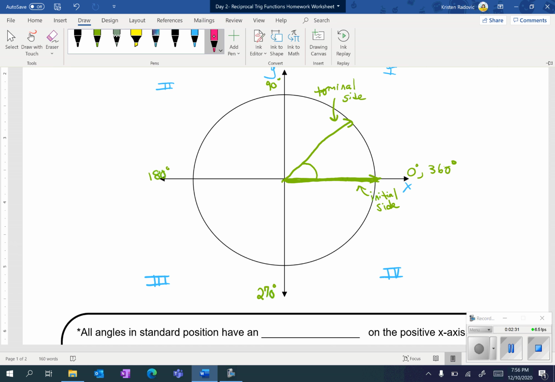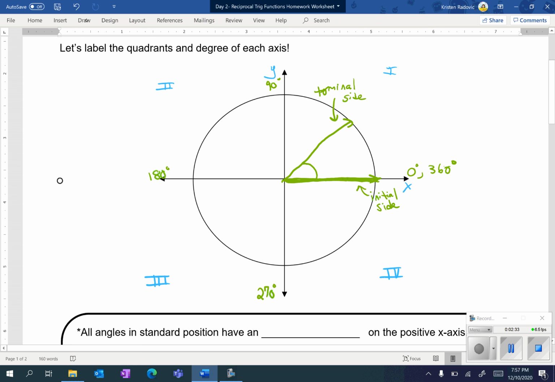What happens if instead of going up and around, we go down and around in a clockwise manner? In that case, we would still start at 0 degrees. But because we're going opposite, the first one going down is negative 90.